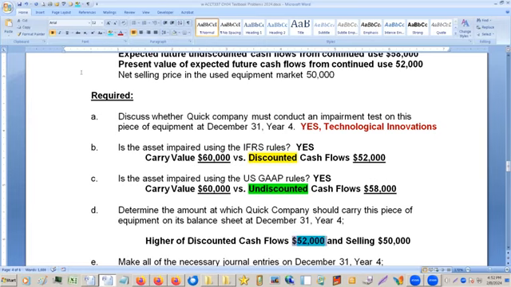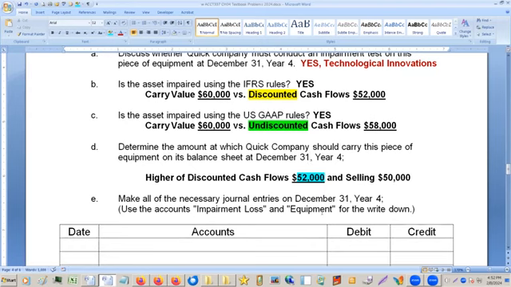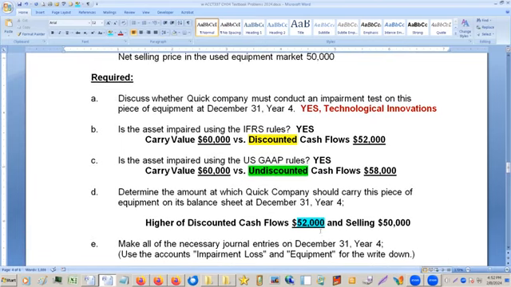what we'd write it up to, and that would be for both the U.S. standards and the international standards. So it is a little bit strange in that U.S. standards use the undiscounted cash flows.